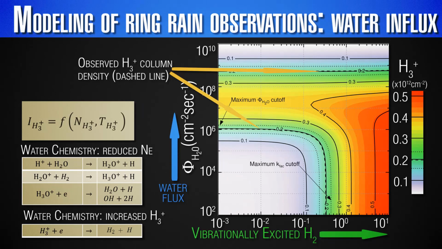So all you need to know for our purposes is that it's another way in which the chemistry of the ionosphere might be modified, okay? So basically, what we've observed is the intensity of H3+ emission. Now the question is, is that intensity variation due to variations in density of H3+ in the ionosphere, or is it due to temperature variations? Okay, because intensity of this optically thin emission from a gas is a function of the density and temperature of the emitting gas.